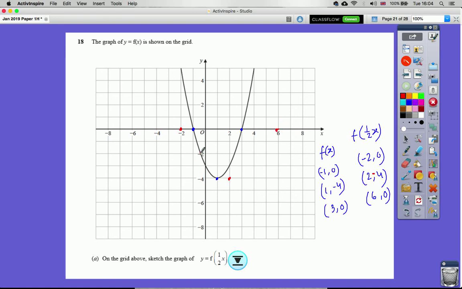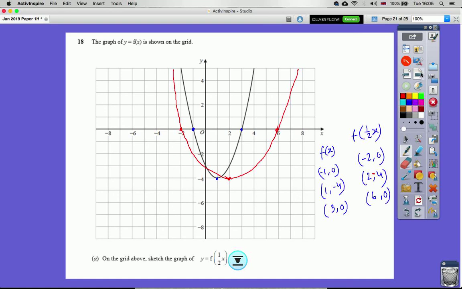So your new graph will look like this. That will be your new graph.